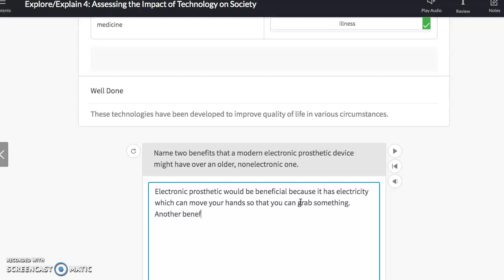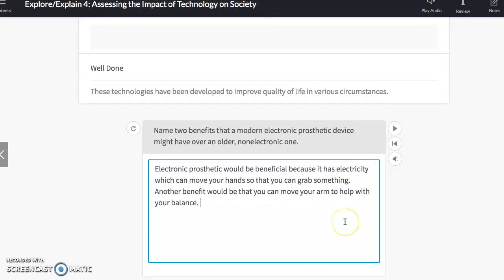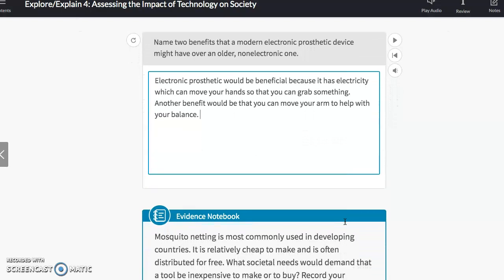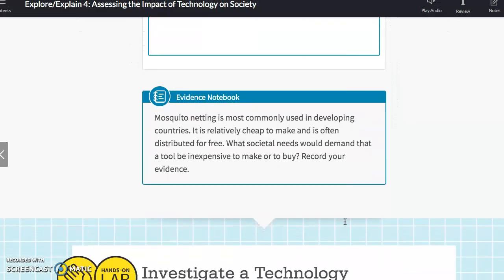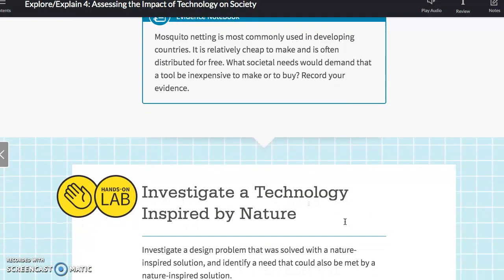Another benefit would be that you can move your arm to help with your balance. So it's helping you to stay up and stay balanced on each side, and also you can move your hands and grab things.